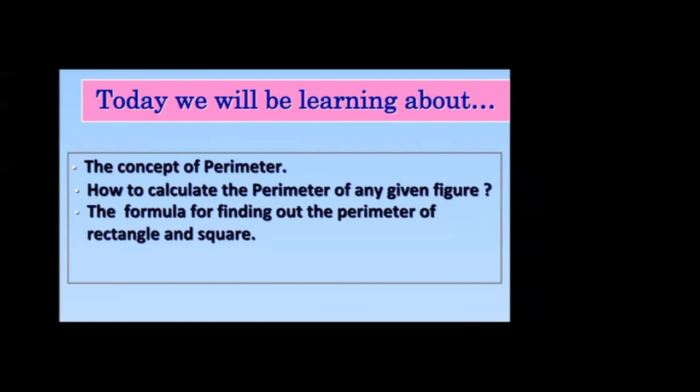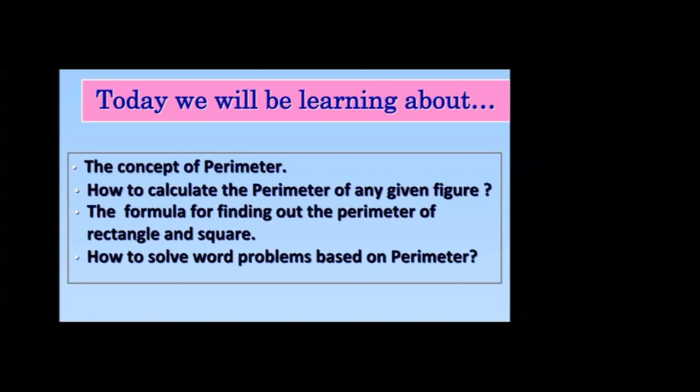We are also going to learn about the formulas which we will use for finding the perimeter of a rectangle and square. And lastly, we are going to learn how to solve word problems which involve the perimeter of a square and the perimeter of a rectangle. So today we are going to learn all these things in today's topic, perimeter.